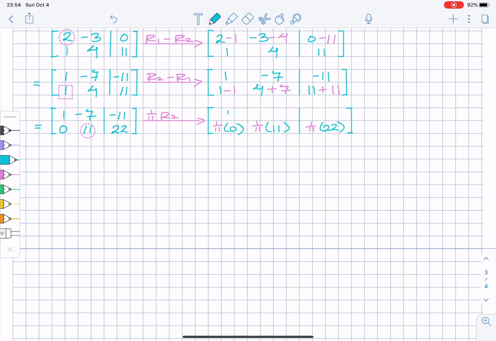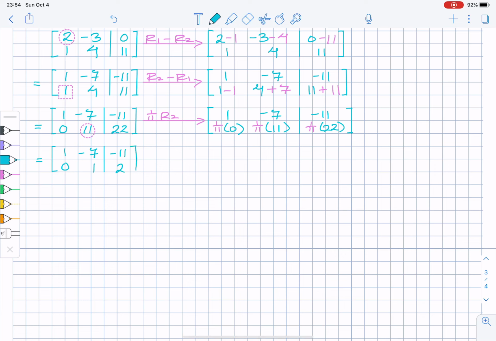Row 1 is still 1, negative 7, negative 11. Okay, so what that gives us then is 1 and 0, negative 7 and 1, and negative 11 and 2.